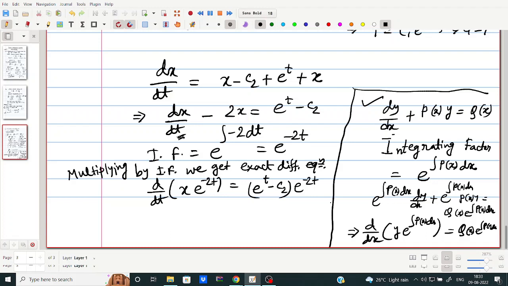In the next page, I get x times e to the power minus 2t equal to the integral of e to the power minus t dt minus c2 e to the power minus 2t dt plus another constant c3. Okay, so what is this integral?